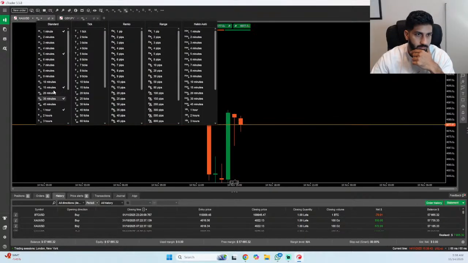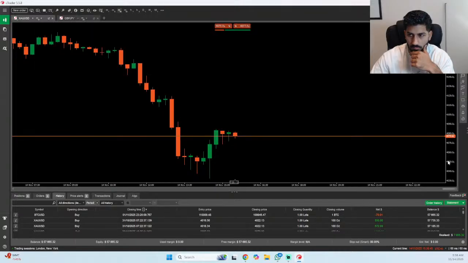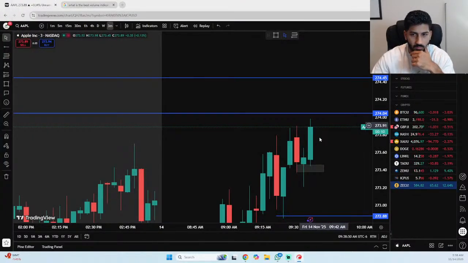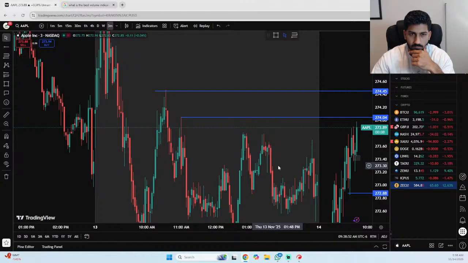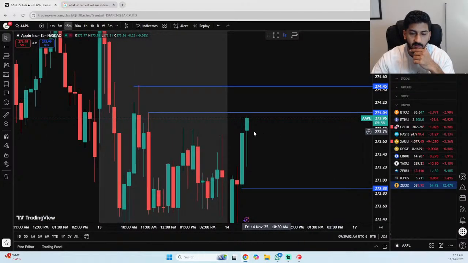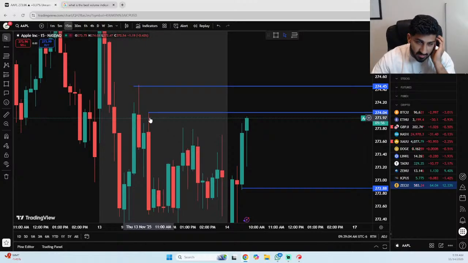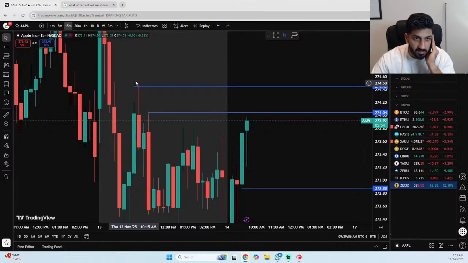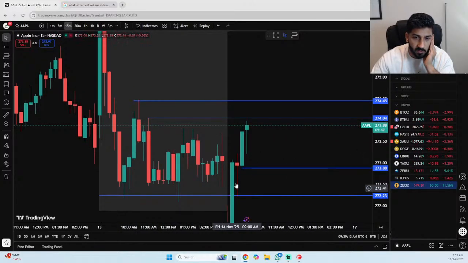For Apple, if you are watching, we are near the resistance level, which is 274.03. This is the 1 minute resistance. Even in 15 minutes, I was watching. There's a wick here, and there's a wick here as well. If we break above this wick, look at how much volume this has.